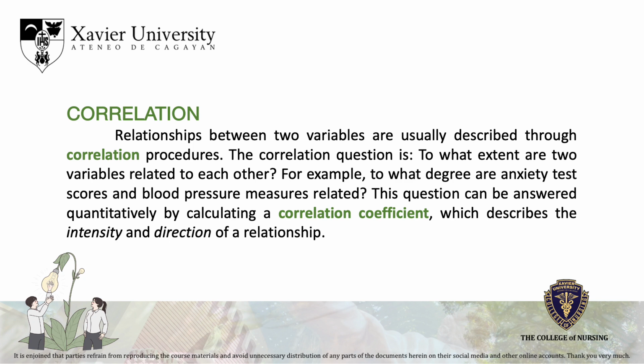The correlation coefficient summarizes how perfect a relationship is. The possible values for a correlation coefficient range from negative 1.0 through 0.0 to positive 1.0. If height and weight were perfectly correlated, the correlation coefficient expressing this would be 1.0.